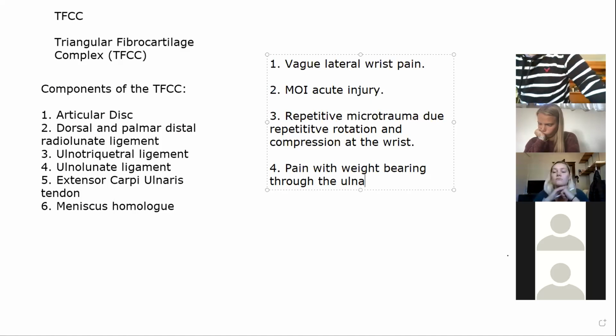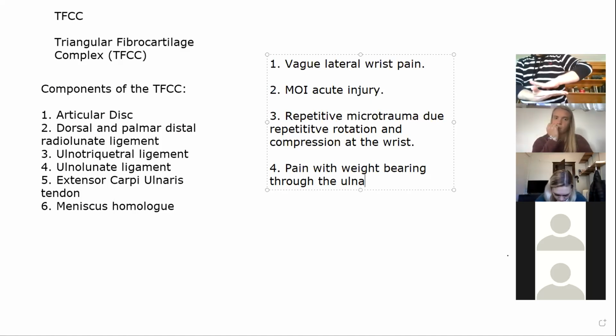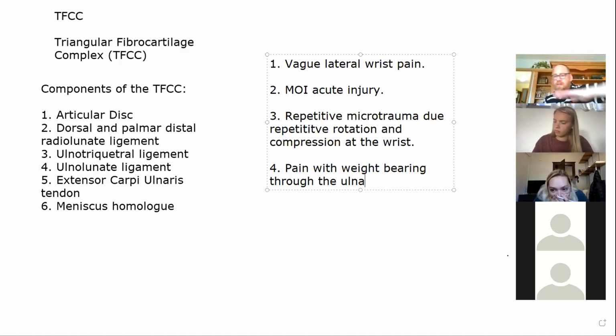Let's say this is the surface and this is my hand. If I push up using my hand, that's going to elicit pain for a lot of people that have TFCC injuries. So compression and rotation, that is weight bearing through the ulna.